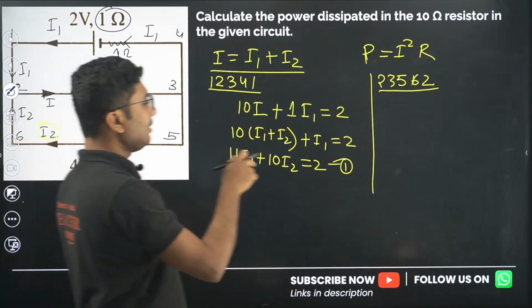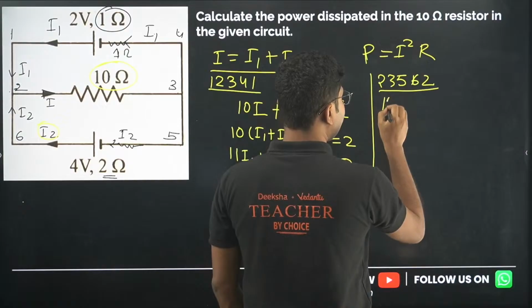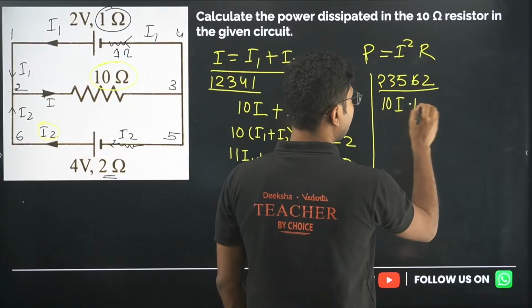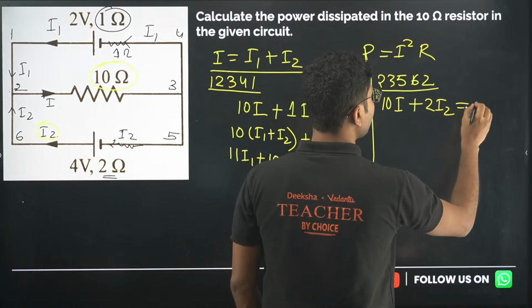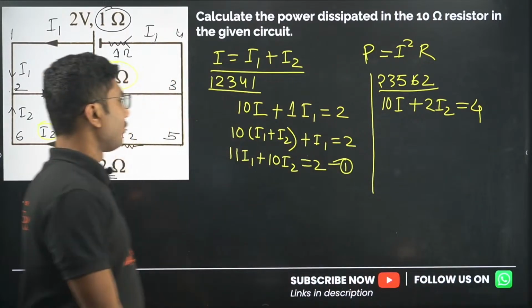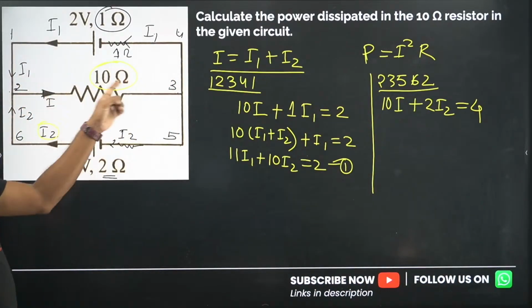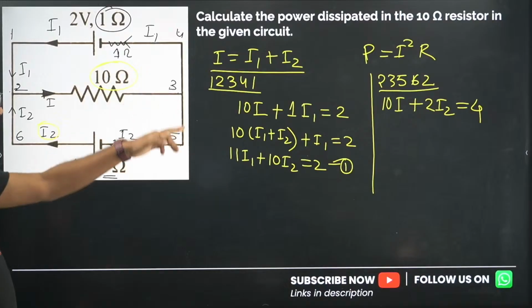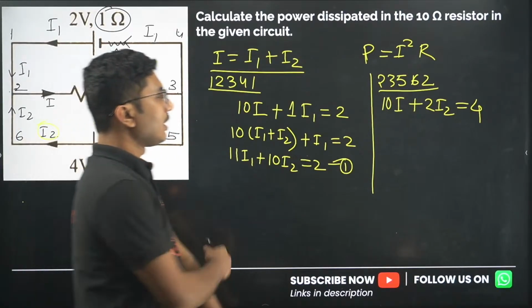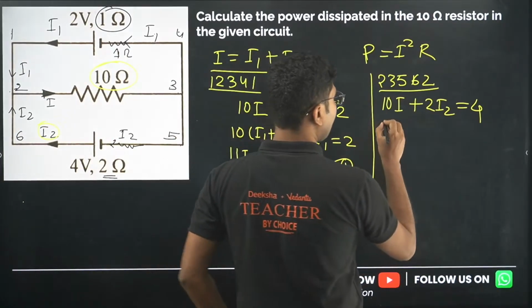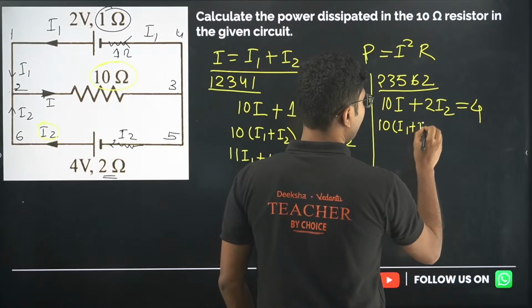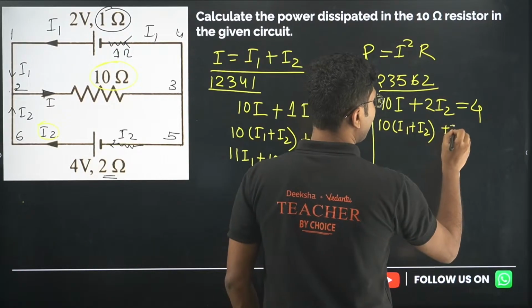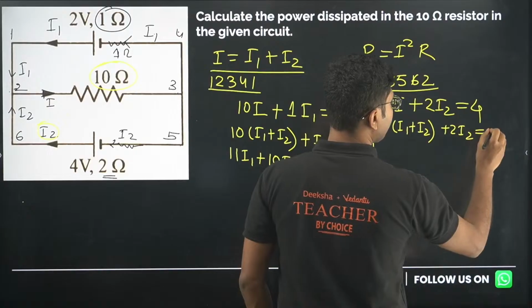So 10I plus 2I2 equals 4. From this loop we are getting 10I, and 10I1 is the same, but I2 is different here. Now we will put the value of I again: 10 I1 plus 10 I2 plus 2I2 equals 4.